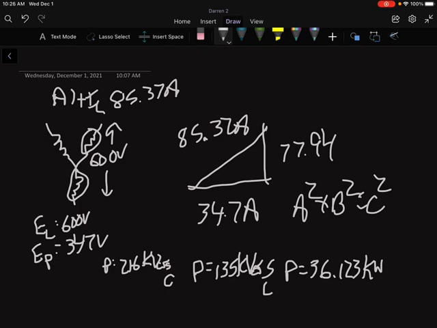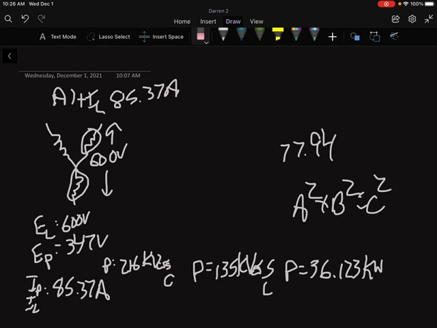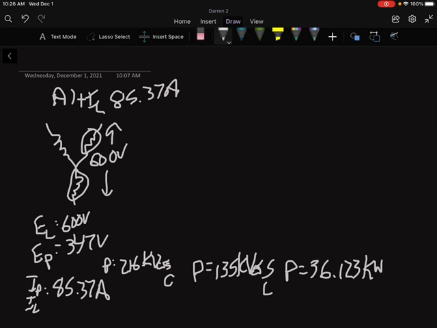So our I phase and our I line are both going to be 85.37 amps. I'm now going to just erase all that, and now we'll do our last vector. Make this a little bigger.